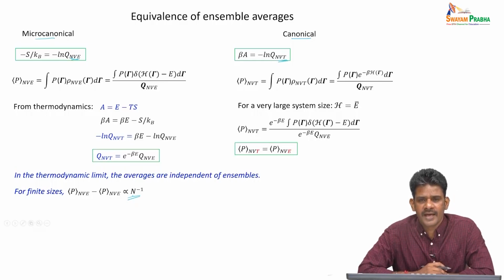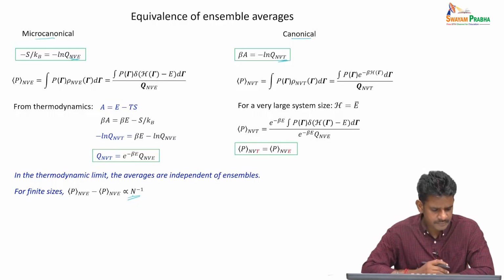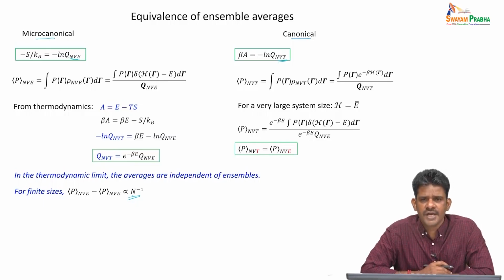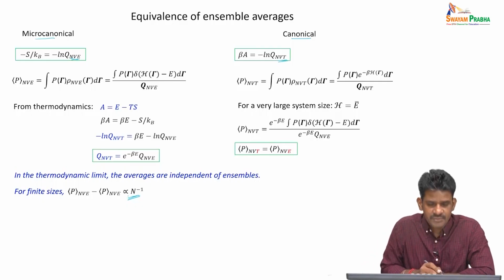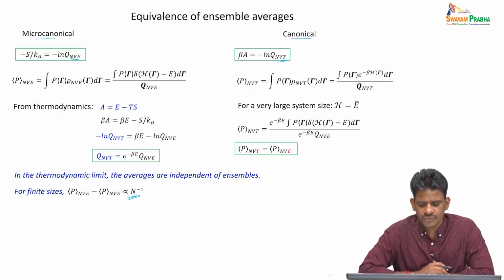That means as long as the number of particles in the system is very large, the average property we measure from the ensemble is ensemble independent. That means you can measure properties in any of the ensembles. The difference comes only when you have very finite size systems, where the difference between two ensemble calculations would be proportional to 1/N.